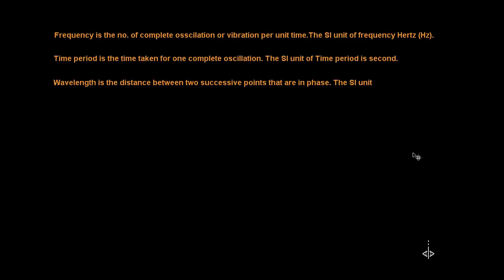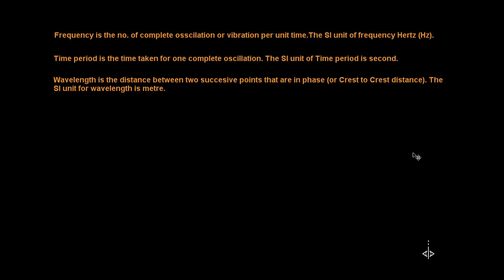So the SI unit of wavelength for a wave is what? Meter. And the wavelength can also be called the crest to crest distance or the trough to trough distance in the same way.